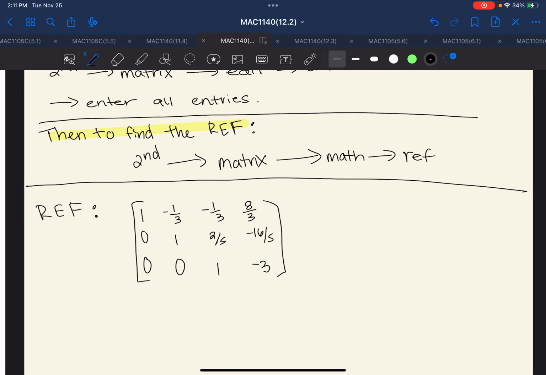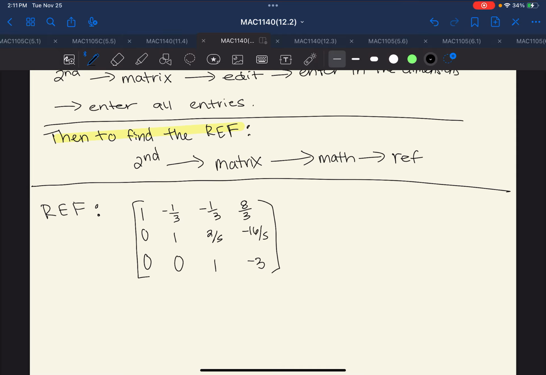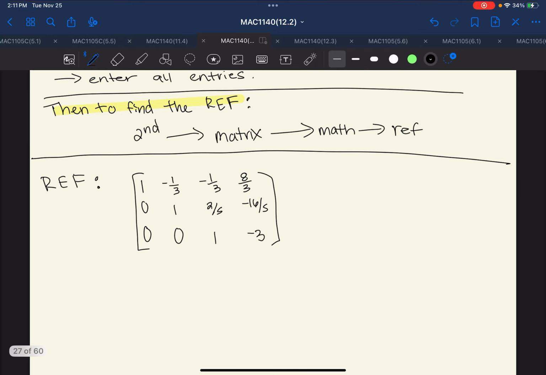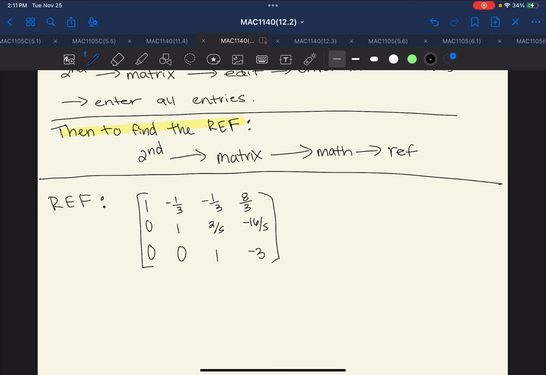From here we can build out the equations. We can rewrite the actual system of linear equations using this matrix, but because I have a lot of fractions and I'm trying to solve the system, maybe I want to get rid of those fractions.